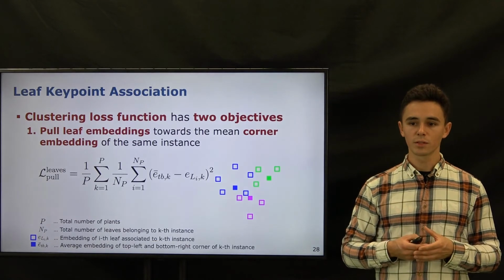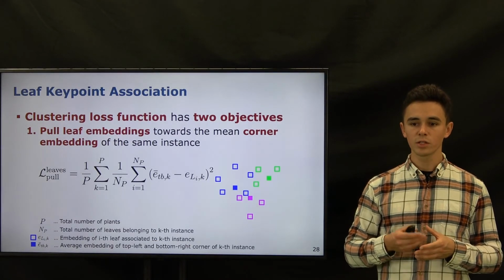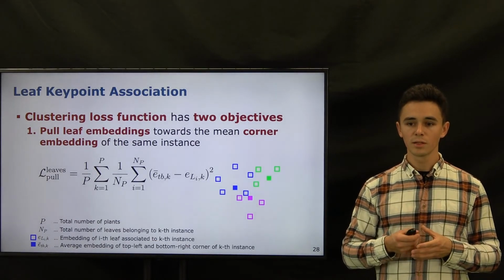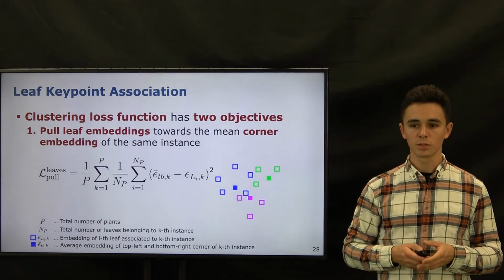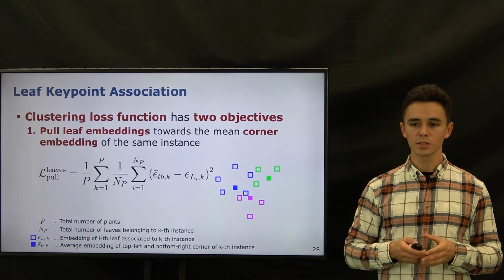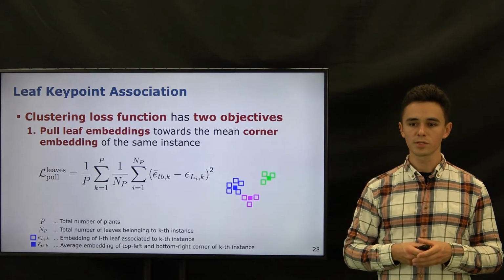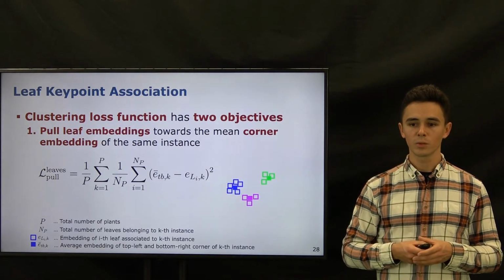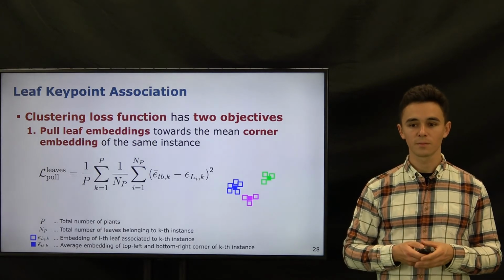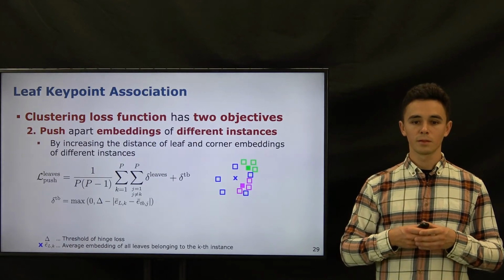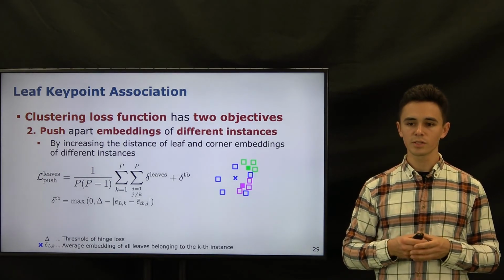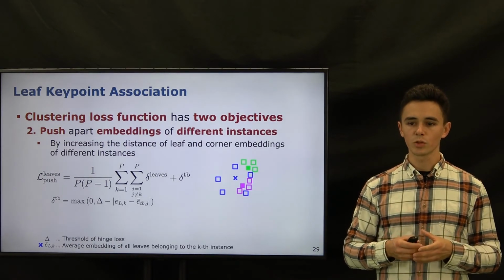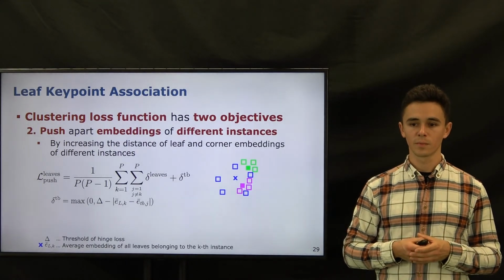To achieve this, we define a clustering loss function for training which has two objectives. First, we minimize the squared distance between leaf key points and corner embeddings which belong to the same instance. Second, we increase the distance between leaf key points and corner embeddings which belong to different instances.